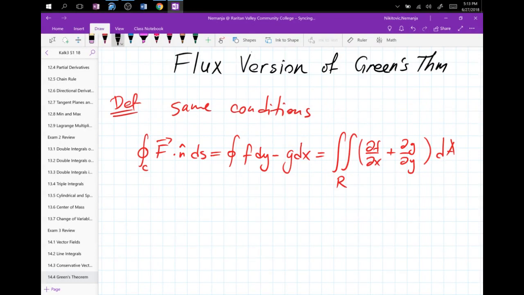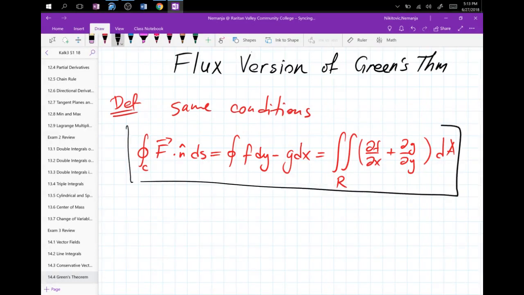And that would be the flux version of Green's theorem.